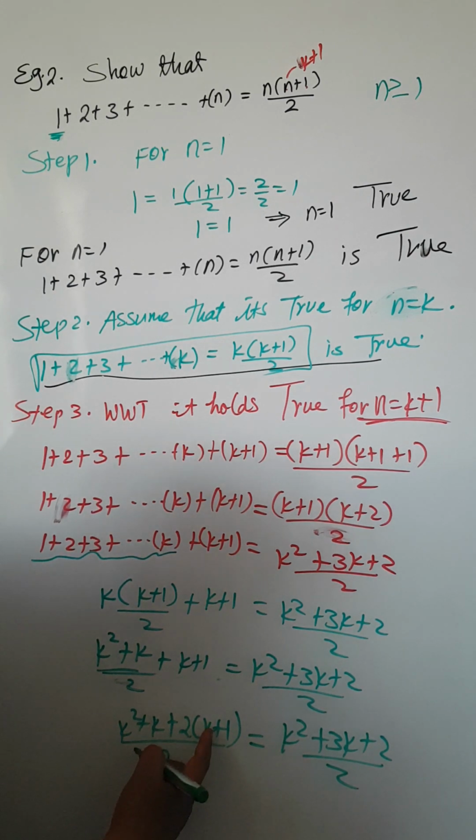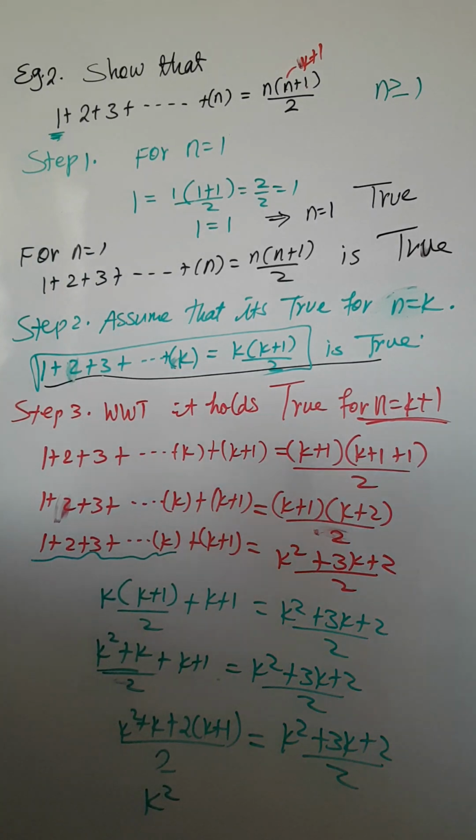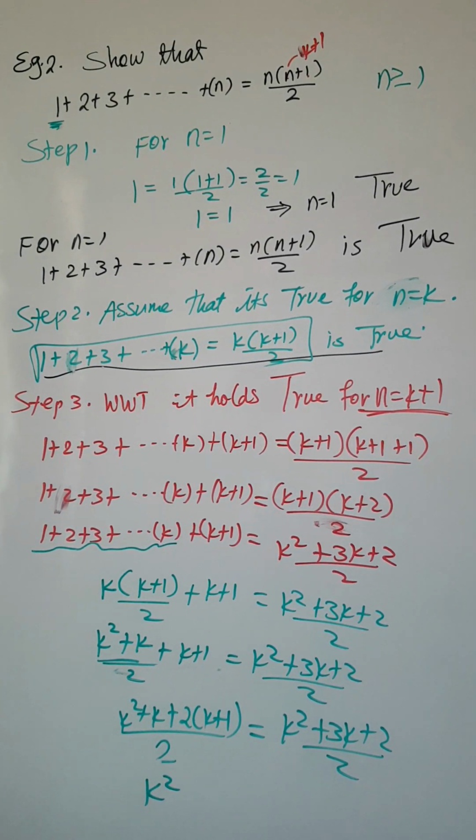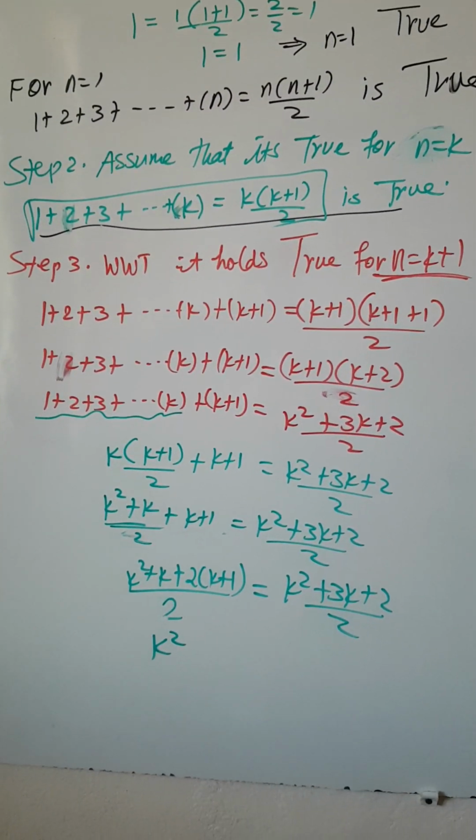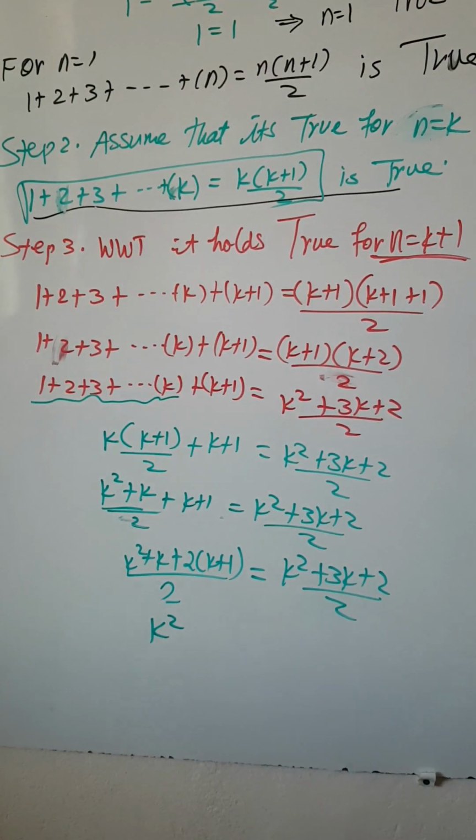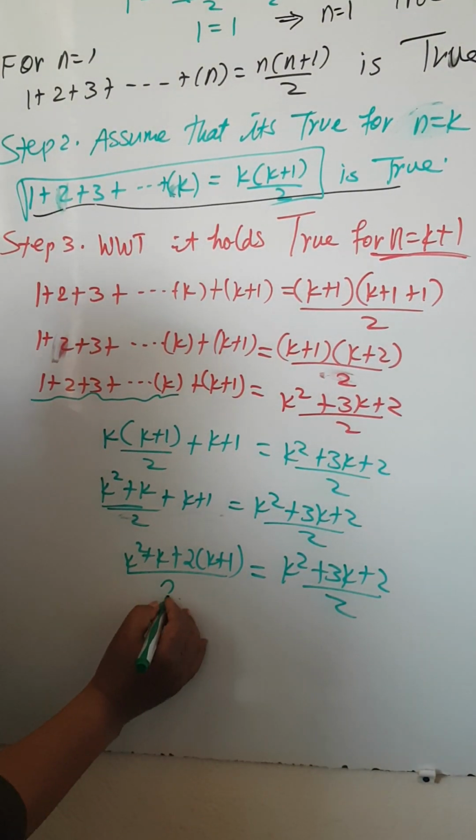Now here we have 2 times k is 2k, 2k plus k is 3k. So this is k squared, over 2.